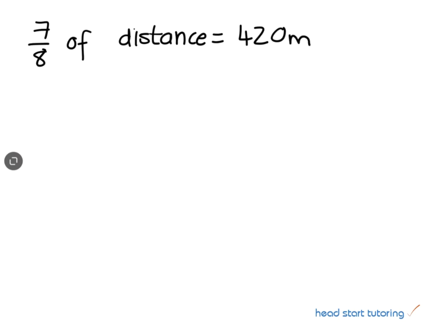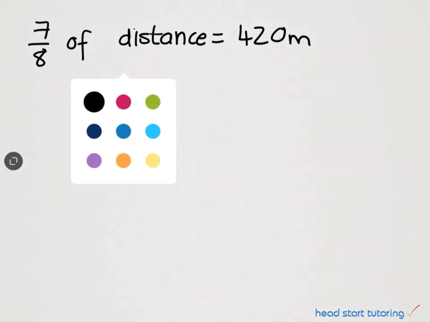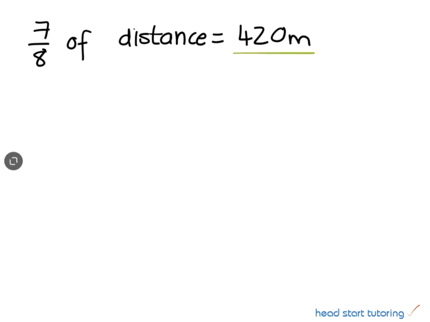If 7/8 of a certain distance is equal to 420 meters, and we are asked to find what the full distance is, what we need to do is remember that we are currently working with 7/8 of that distance, which is equal to 420 meters, and our full distance in terms of our fraction is going to be 8/8.